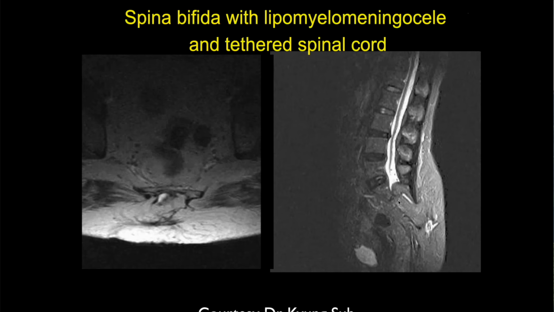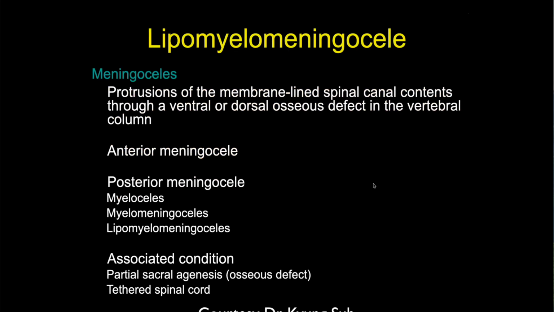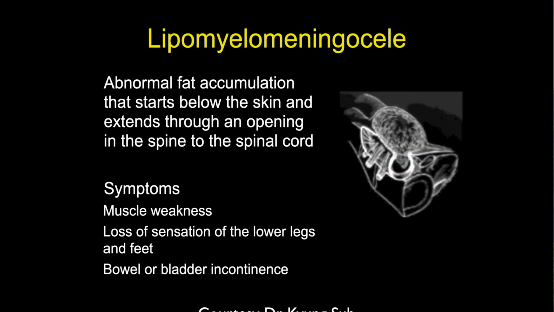And then you've got a tethered cord here, which is producing symptoms. So this is a big lipomyelomeningocele. I think the anterior posterior be associated with sacral agenesis, and they're commonly associated with tethered cords.